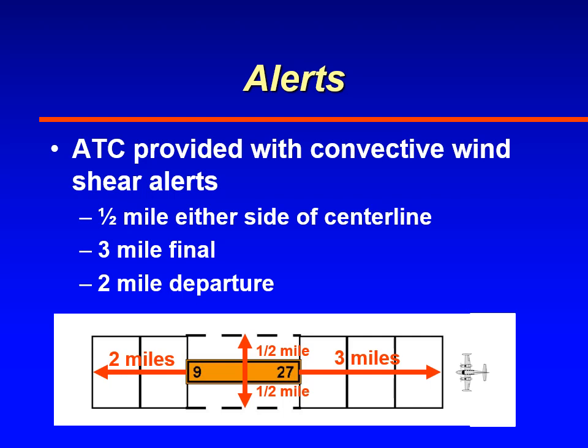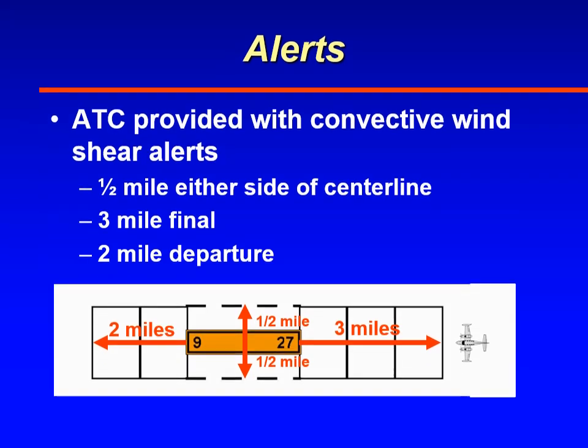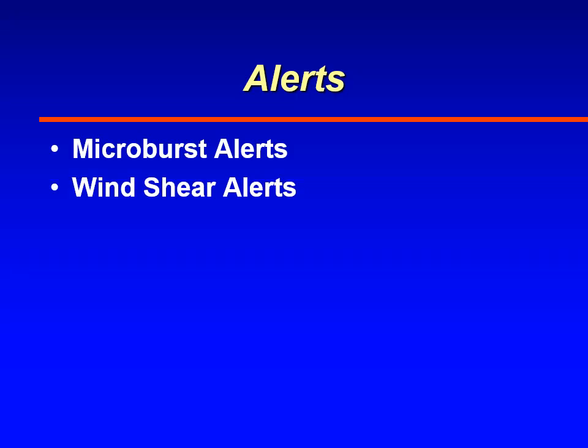They'll do this for the 2-mile departure corridor and the 3-mile final approach corridor. And they do this within a half-mile either side of the center line of the runway. So if there is wind shear in these corridors, then the air traffic controllers will provide these alerts. The two types of alerts that they can provide are microburst alerts and also wind shear alerts.